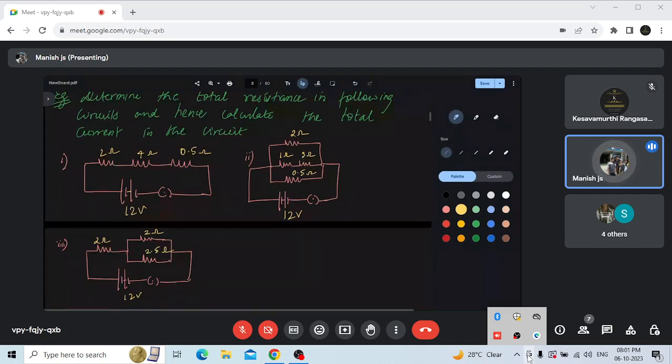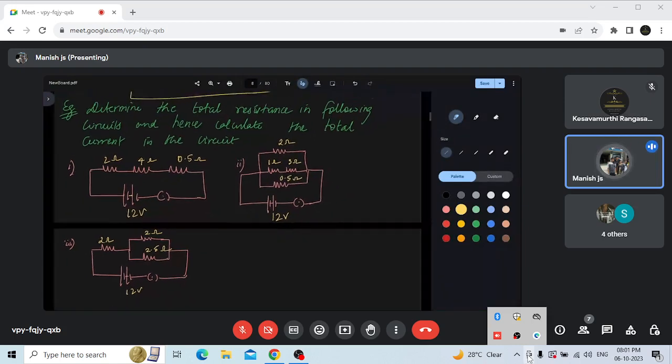This is the third circuit. So you will have to calculate the total resistance in the following circuits, and then calculate the total current in the circuits.